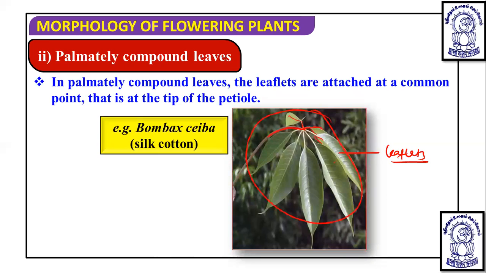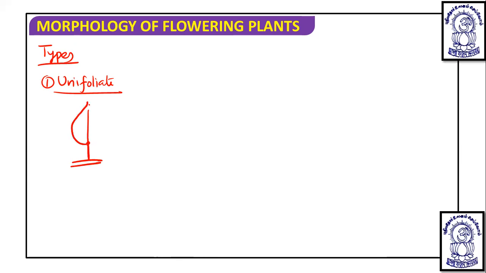So leaflets are attached at the tip of the petiole. Now if we talk about the palmately compound leaf in detail, then palmately compound leaves are of different types, and they are unifoliate. In unifoliate you will see that a single leaflet is present at the tip of the petiole. See, this is the tip of the petiole, and here like this a leaflet is present.